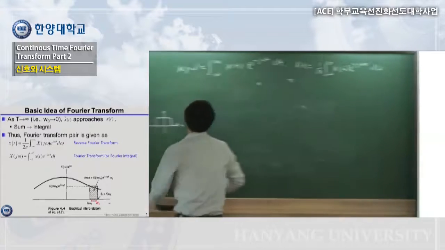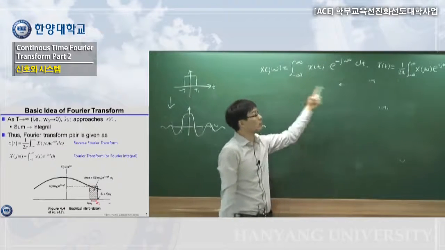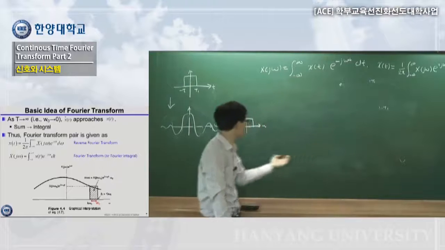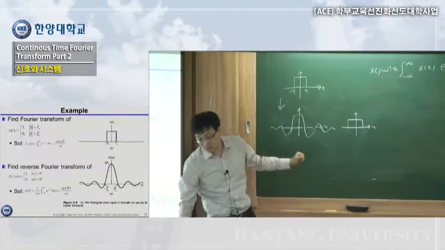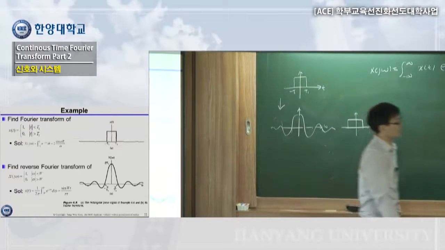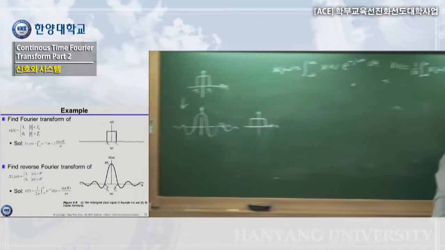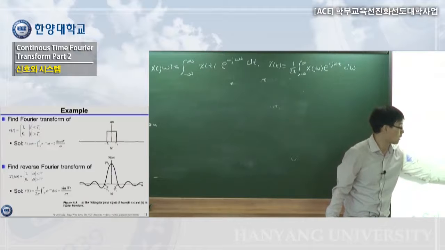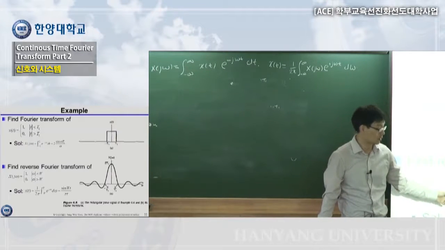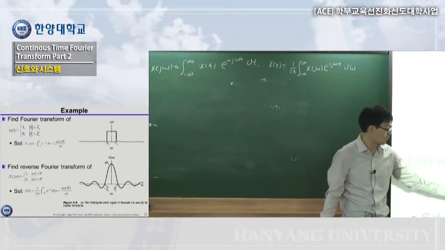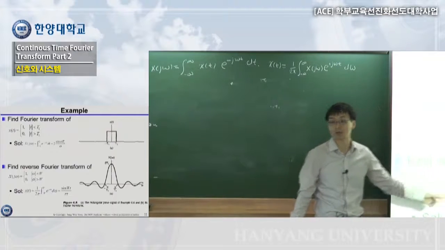So the first one changed time to frequency, and that one changes frequency to time. So this is our frequency. X(j omega) is 1 when omega is smaller than large omega W. They are 0 when omega is larger than W. That's how it is defined.